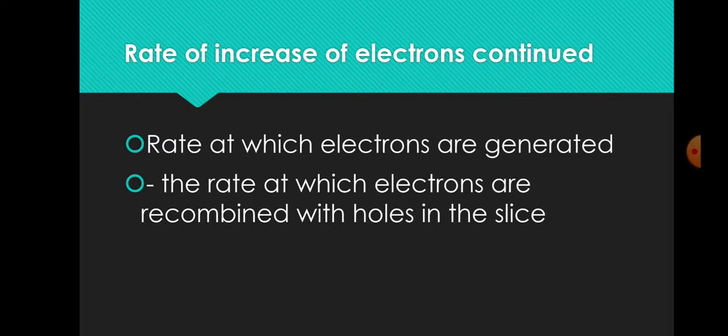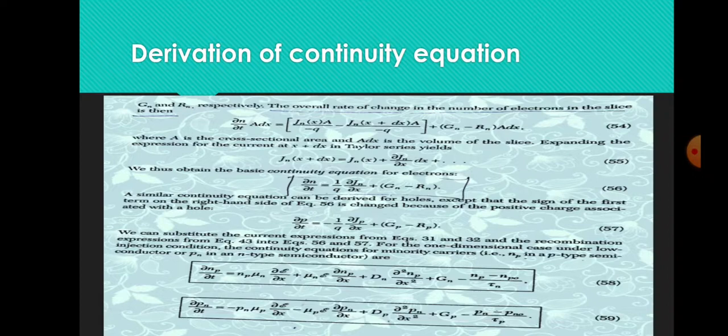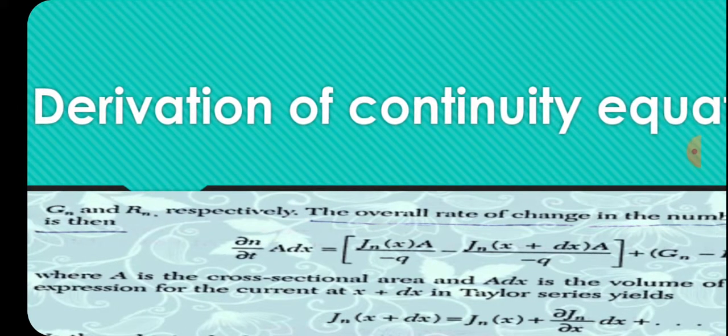The overall rate of change in the number of electrons in the slice is then given by ∂n/∂t · A dx, which is equal to [Jn(x) A / (−q) − Jn(x+dx) A / (−q)] + (Gn − Rn) A dx, as we have shown in the equation, where A is the cross-sectional area and A dx is the volume of the slice.